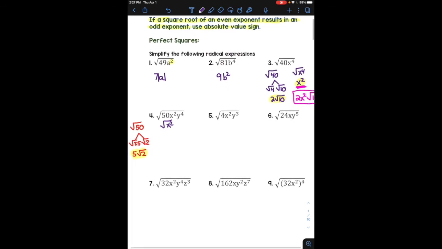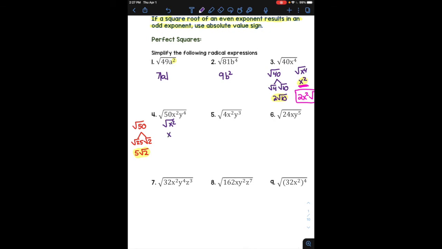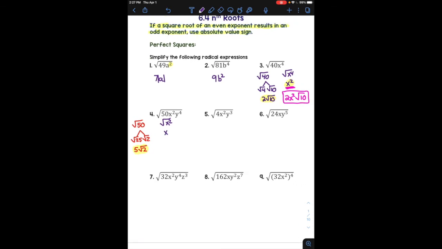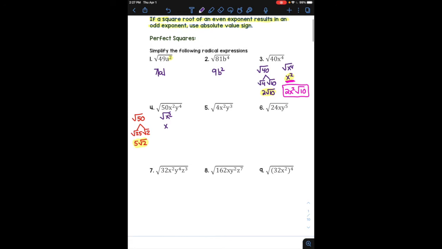That would be x. And since we took the square root of an even exponent in which the result was odd, we're using absolute values for that result. And lastly, let's go ahead and take the square root of y to the 4th. What variable times itself is y to the 4th? That would be y squared. No need for absolute value signs. An even exponent stayed even in the result, no absolute value signs.